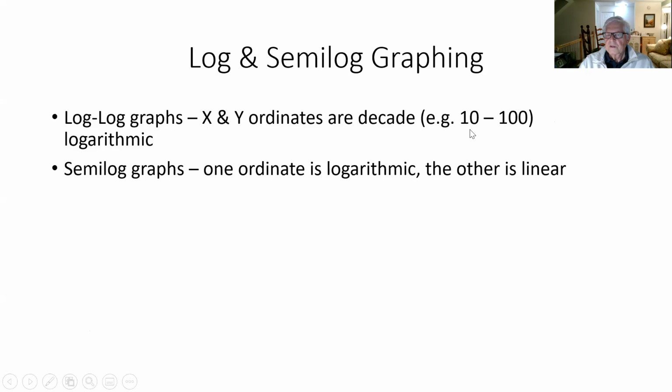We can always start at 1, which is 10 to the 0. Then we go 10 to the 1, 10 squared, 10 cubed, 10 to the 4th, and so on. Or we have a semi-log graph where one of the axes is linear, 1, 2, 3, 4, 5, and the other is logarithmic, 10 to the 0, 10 to the 1, 10 squared, 10 cubed, and so forth.